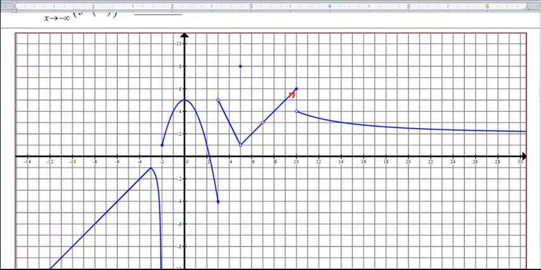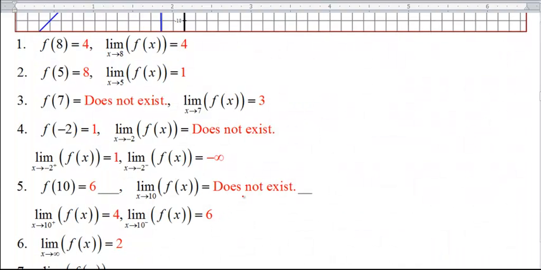We have a right limit of 4. So the point (10, 4) is an open dot boundary point. The point (10, 6) is filled in, so that's a closed dot boundary point. So the limit from the left is 6 and from the right is 4, but since they do not match, that means the full limit does not exist.